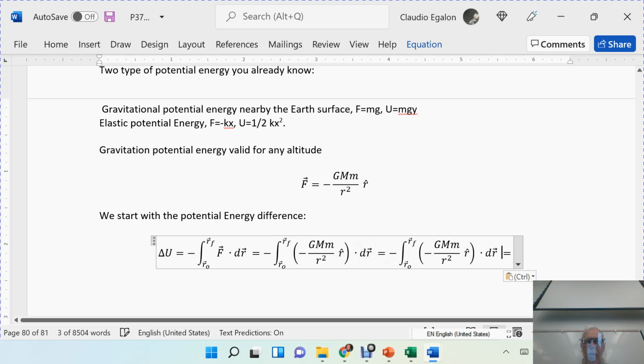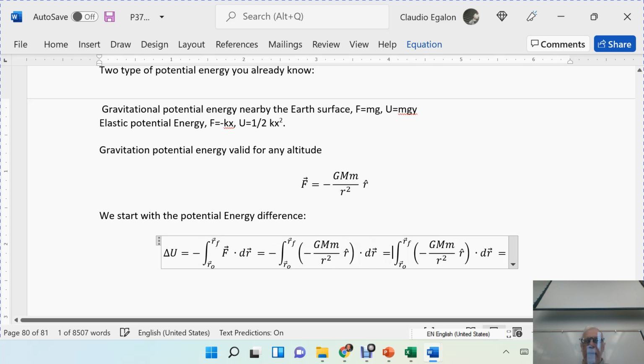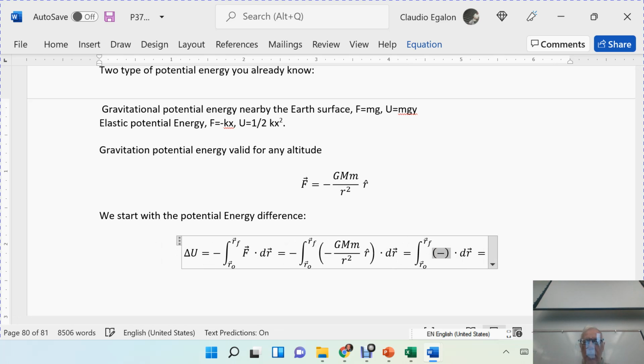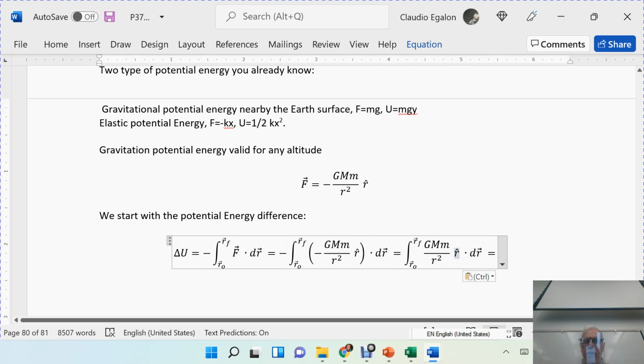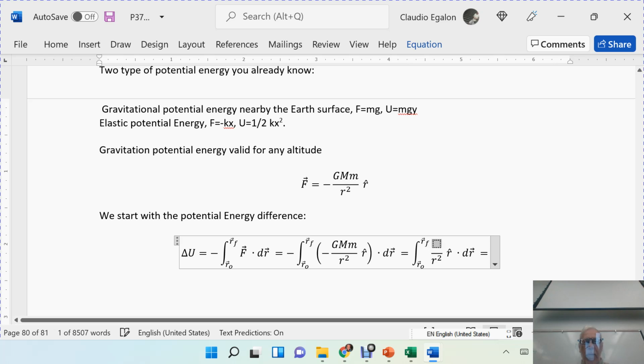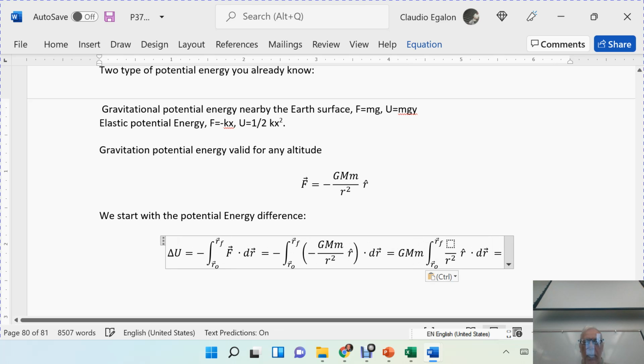The next step: this negative sign cancels out with this negative sign. Not only do the negative signs cancel out, but the constants can be taken out of the integral. And we have the inverse of the square.